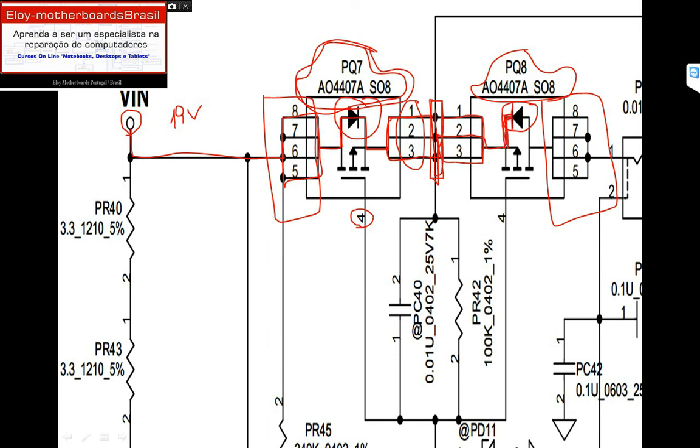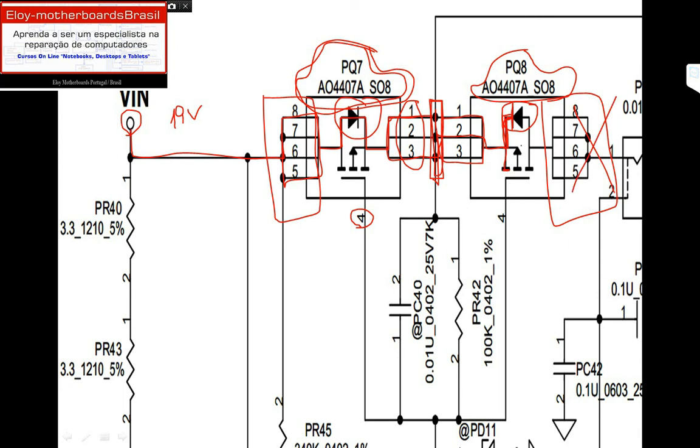Then this voltage will try to pass to another side. How? Since the diode is making a wall right here, this voltage will try to pass through here, but as the gate is open, the voltage will be here, and there is no voltage on pins 5, 6, 7 and 8.